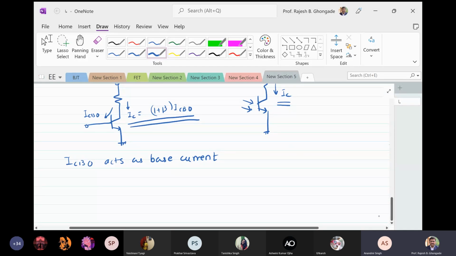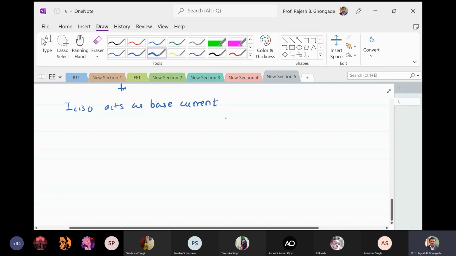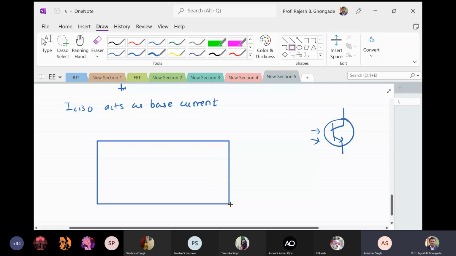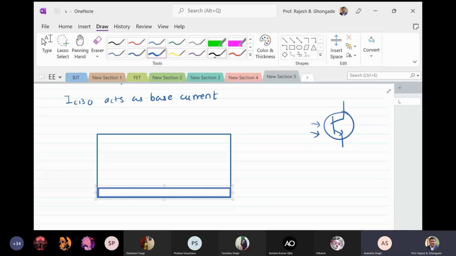Okay, let us see the construction quickly. This is the symbol. This is the metal contact, just like previous construction.